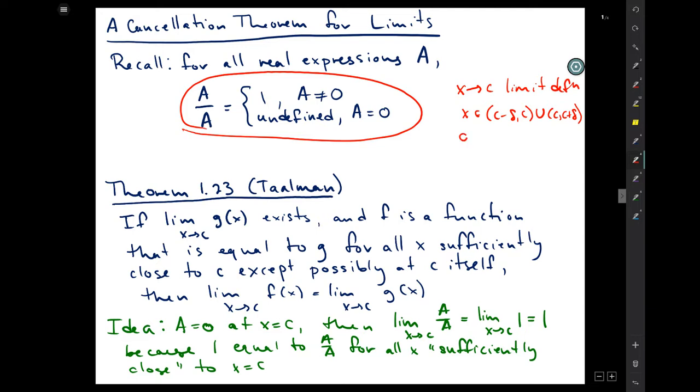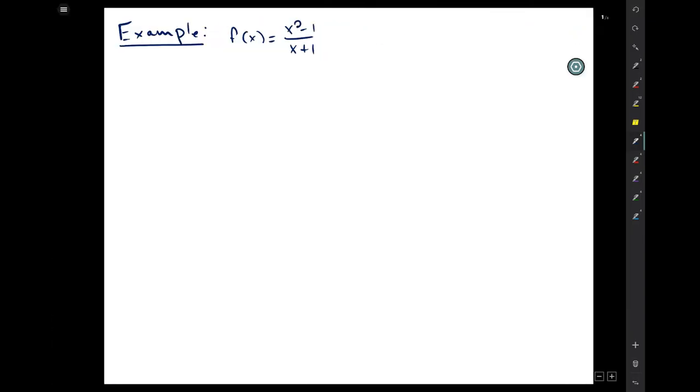Another way to say this is that the absolute value of x minus c is less than delta and is also greater than 0. So c has distance between 0 and delta from x. So x is not actually equal to c, but it's as close as we would care to make it to c. All right, so let's see this theorem in action in a limit.